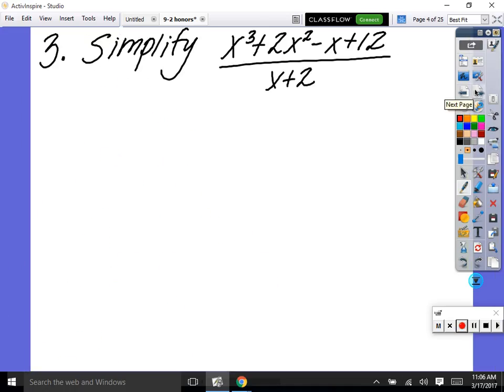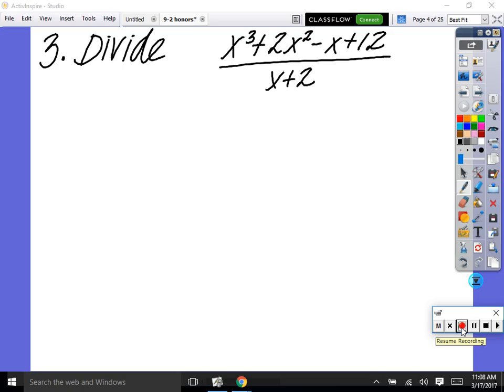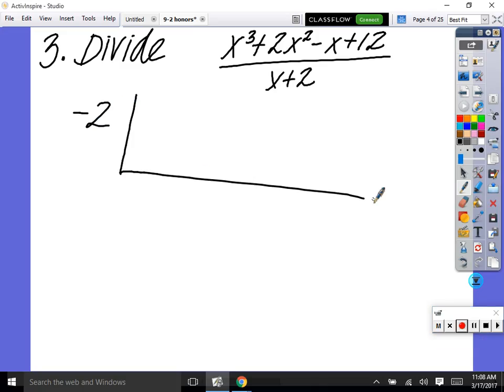Push yourselves, guys. Remember these things. Go for it. Changing the instructions to divide. Okay. You guys go for it. I'm going to go for it for the video. It doesn't factor.